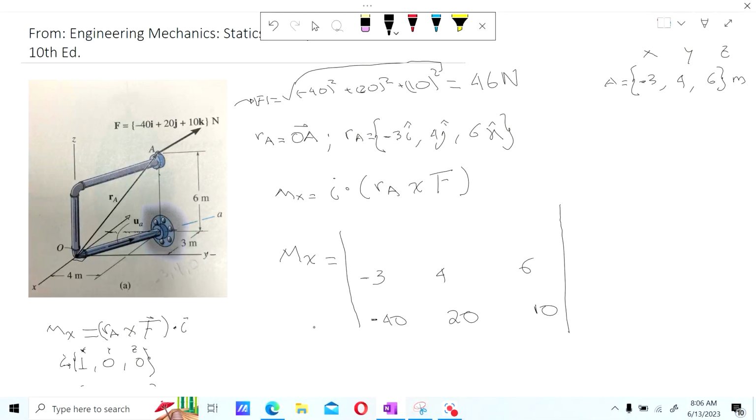So this line corresponds to F, this line corresponds to A, and the first line corresponds to I. And what is I? It is 1, 0, 0.